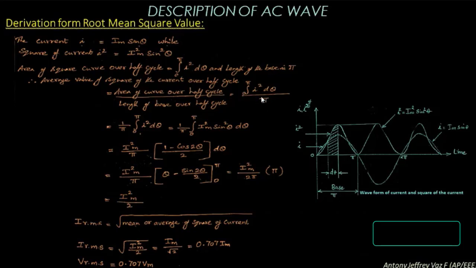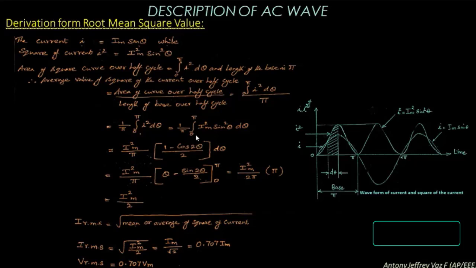So here 1 by pi is a constant, so you can take 1 by pi outside of the integration, and you are integrating 0 to pi I square d theta. And here you know I square is Im square sine square theta d theta. So 1 by pi integration of 0 to pi Im square sine square theta d theta.